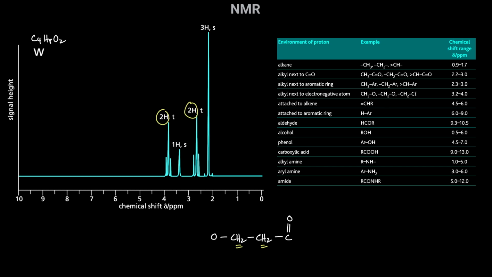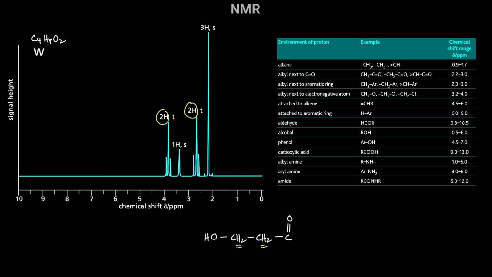So this oxygen must be an OH. Since it is not bonded to another carbon, it must be an OH group. This hydrogen is a single hydrogen that produces a singlet in the range 0.5 to 6 parts per million. That is the alcohol proton, so that's your singlet at roughly 3.4.